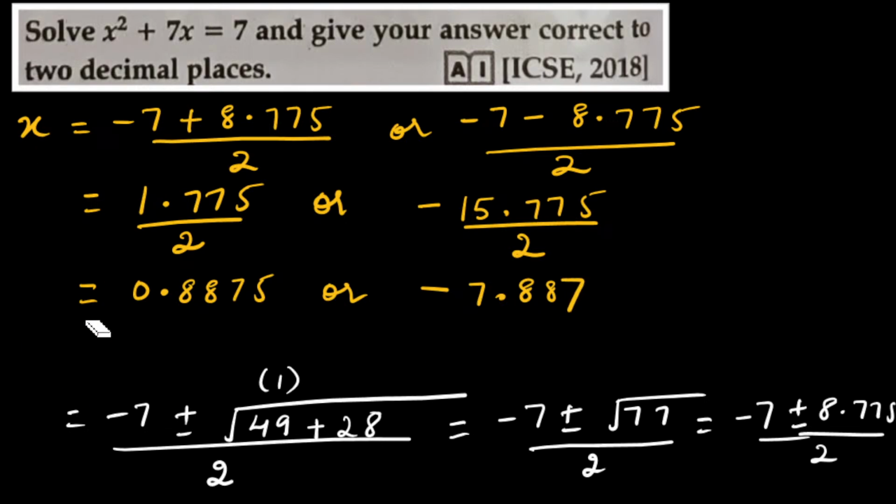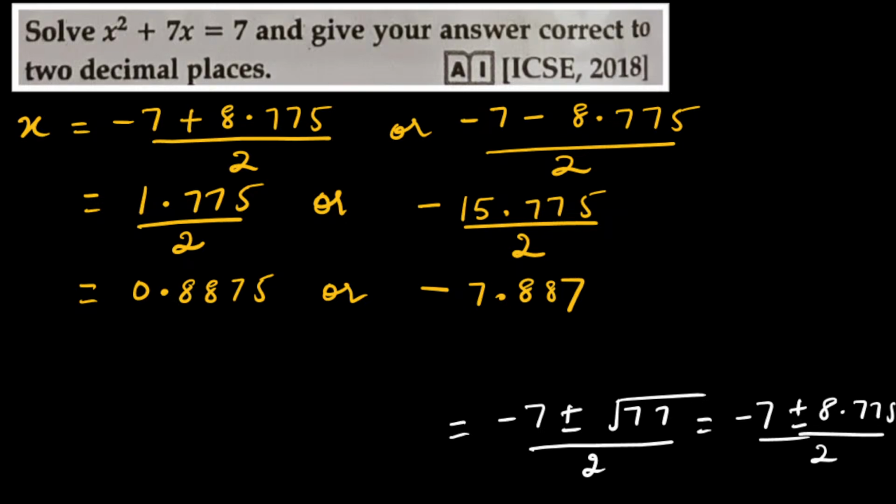Now up to two decimal places we have to write. So this is up to two decimal places, and here also up to two decimal places. So it is 0.88.